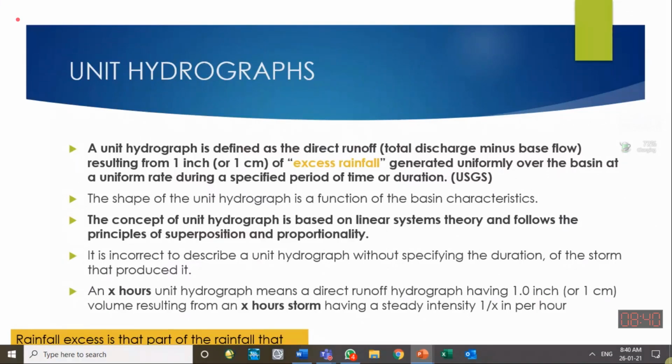So a unit hydrograph is made for a particular storm duration. For a watershed, you should have a unit hydrograph of 1 hour, and 1 hour means storm duration, not the base length of the direct runoff hydrograph.